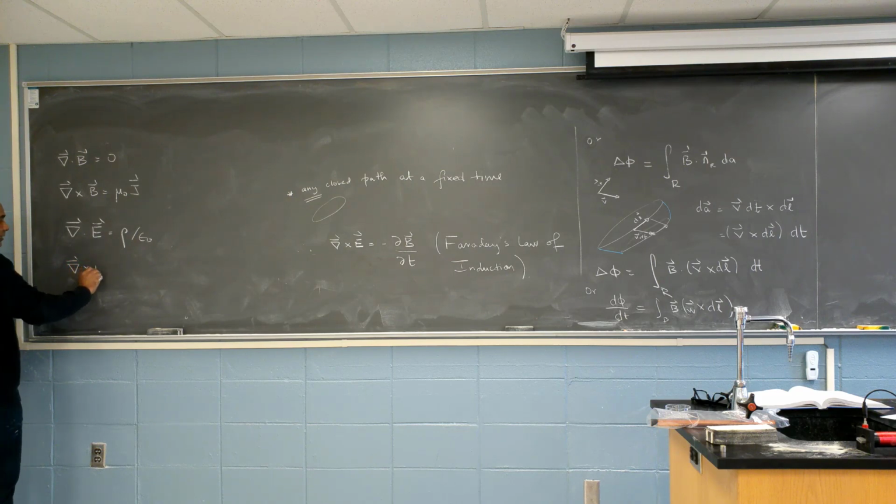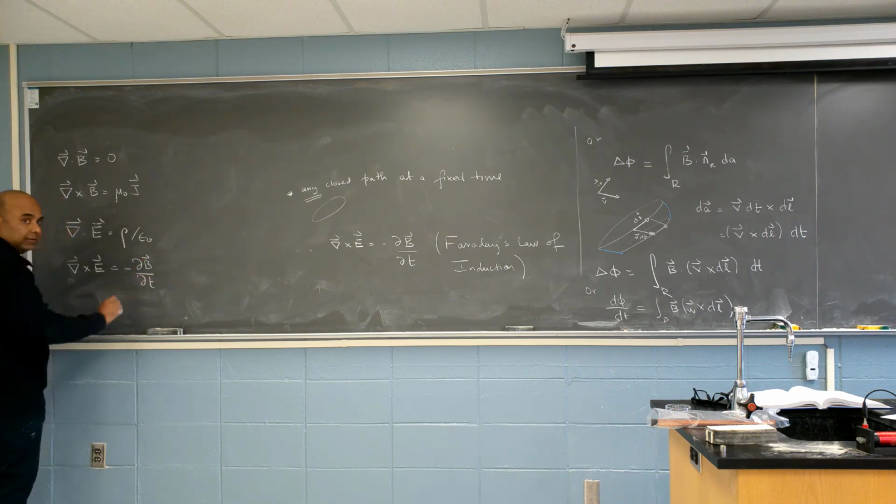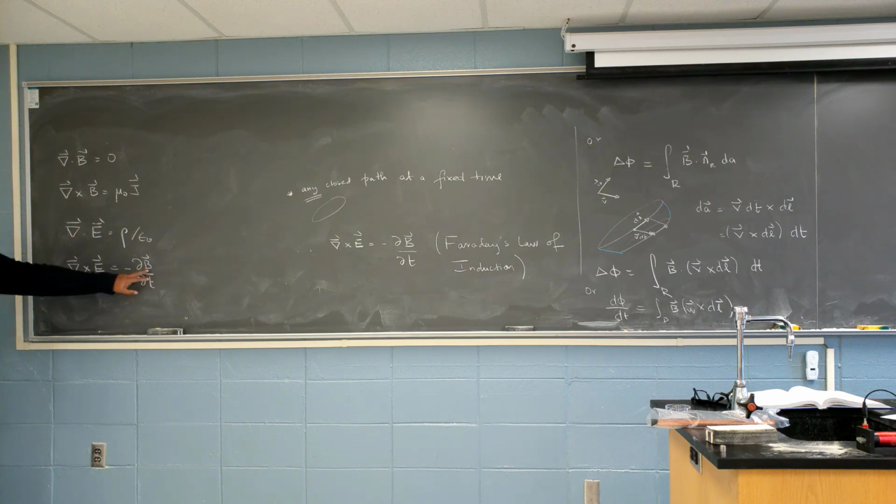Del cross E equals minus dB dt. A time derivative in B creates an electric field. This is almost Maxwell's equations. Maxwell's equations are the equations that govern electromagnetic phenomena. Almost.